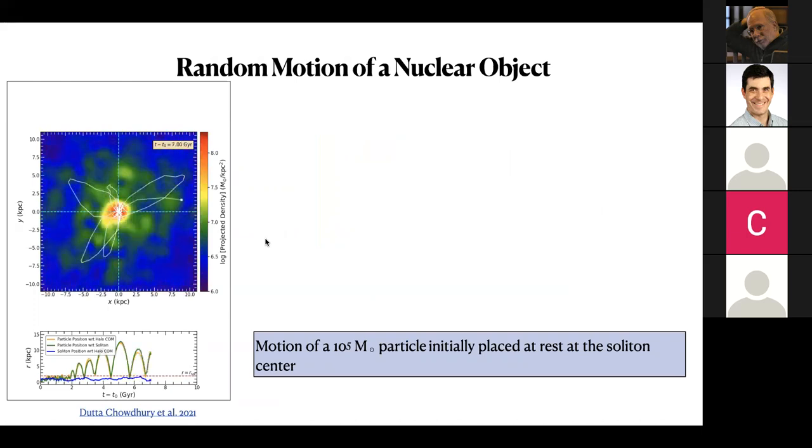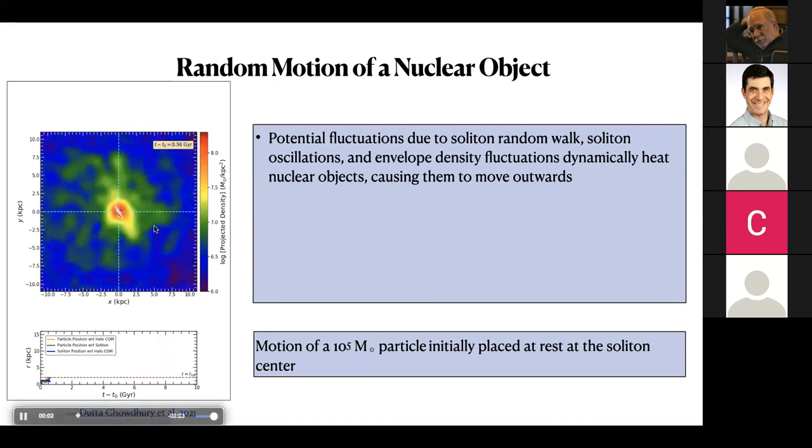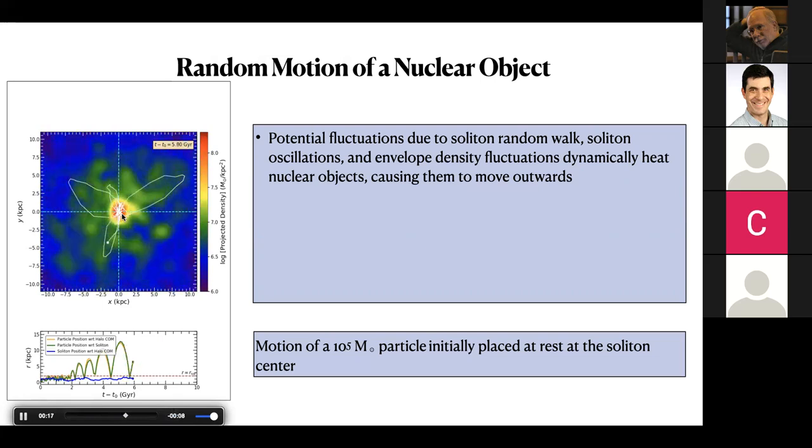And the third are these density fluctuations outside the soliton. Together, if you put something at the center of the soliton, we can think of it as a black hole or a nuclear star cluster, supposed to be at the center of the potential well, but because of these potential fluctuations or sources of heating, this object will keep moving out over time.